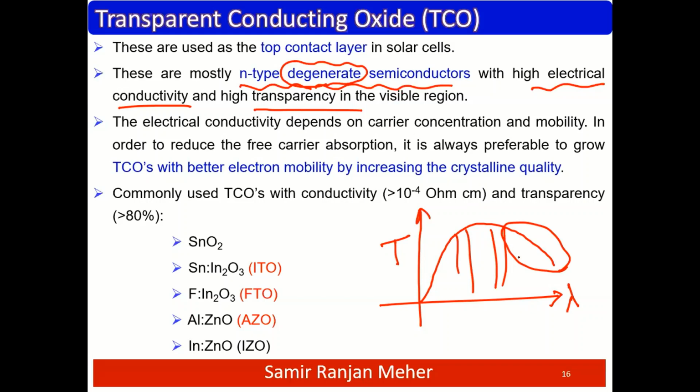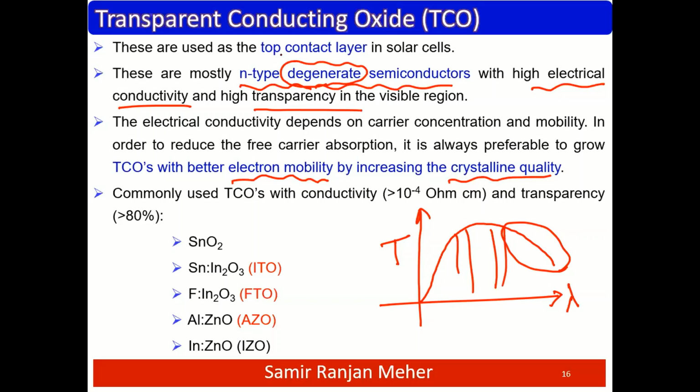So it will start to absorb in the infrared region, which must be avoided. So we need to have a TCO which is having high electrical mobility, electron mobility, which can be achieved by increasing the crystalline quality of the films, so that we can avoid this kind of free carrier absorption in the infrared region.